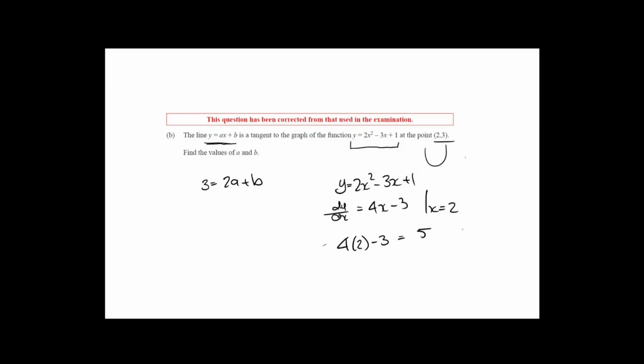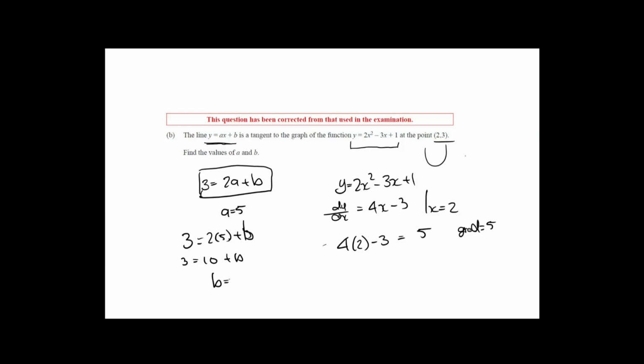So the gradient at that point is 5, which tells us that the gradient of this line is going to be 5 as well, which means that a is going to equal 5. So now this does actually come and help us. So 3 is going to be equal to, doing that again, 2 times 5 plus b. So 3 is going to be equal to 10 plus b.